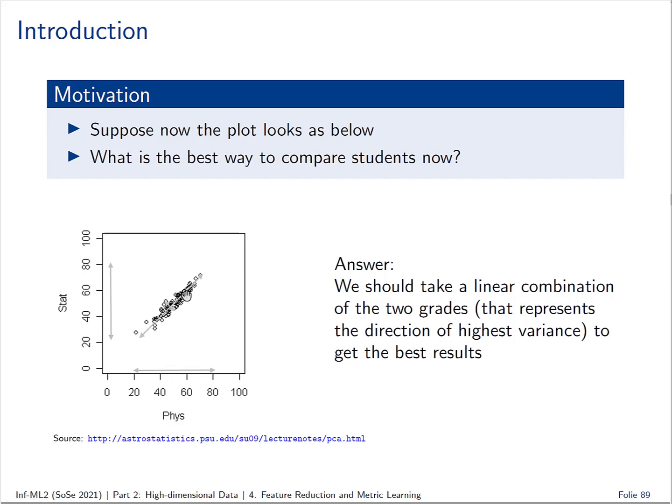Along this gray direction we have the highest spread, the highest variance, even higher than just statistics and just physics. So in that case, we should take a linear combination of the two grades, which represents this direction of highest variance, to get the best comparison.